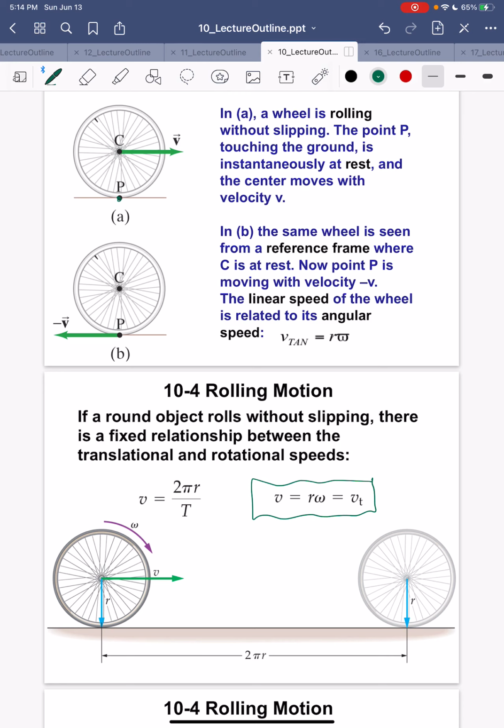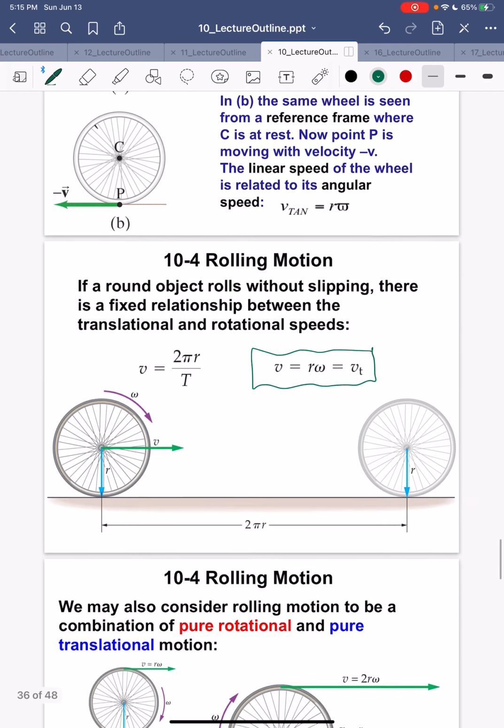Then if I have the v in an equation, I can remove it and put R omega, because the object moves a distance in one cycle that is 2 pi times R, and the time for it to complete this is capital T, which is the period.